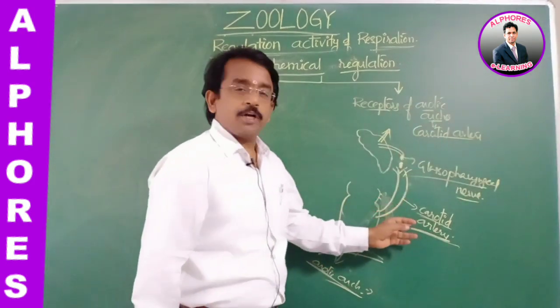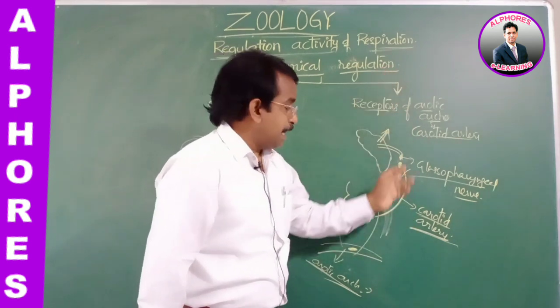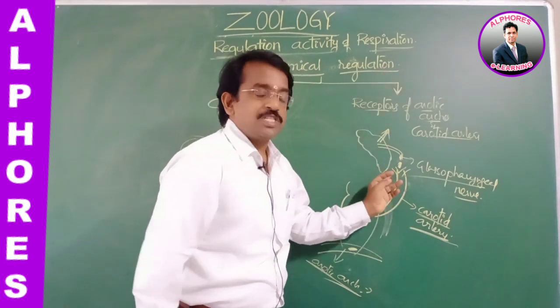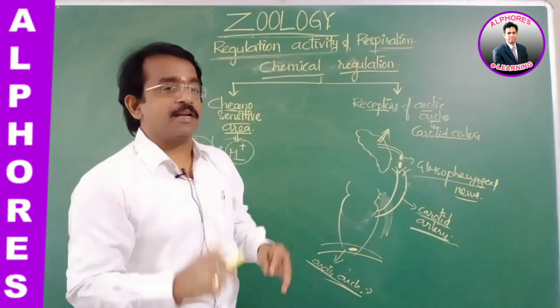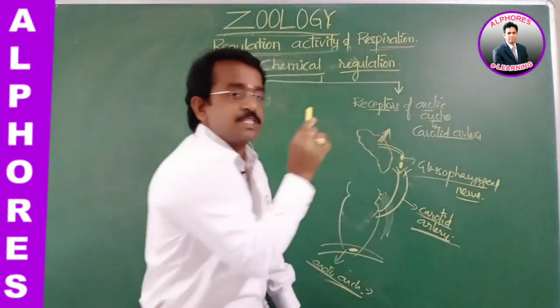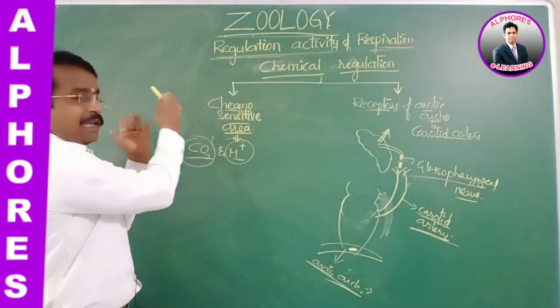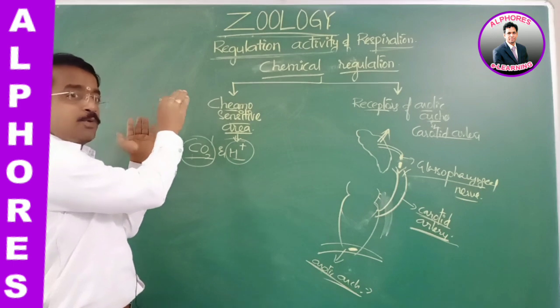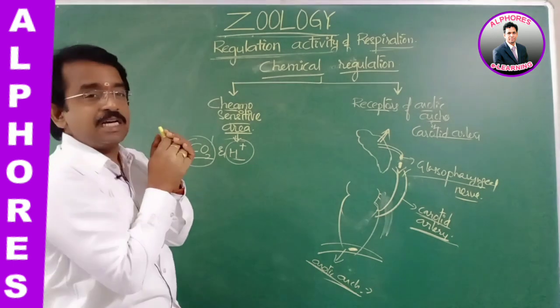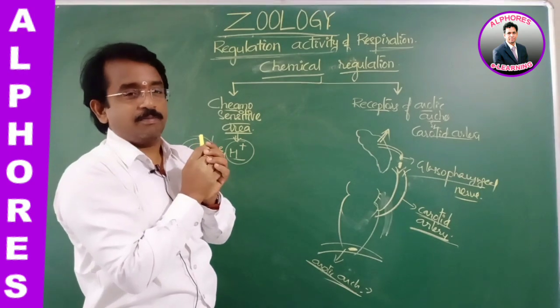The carotid artery, which is taking the blood to the brain, is divided into external and internal carotid artery, where the receptors detect the presence of the CO2 and H+. So earlier we discussed that the neurons directly detect the presence of CO2 and H+ by stimulation.